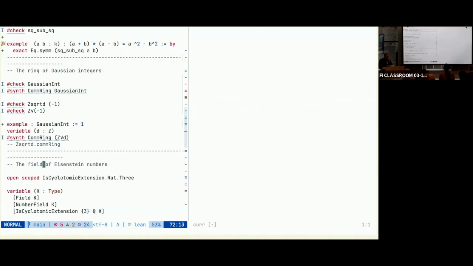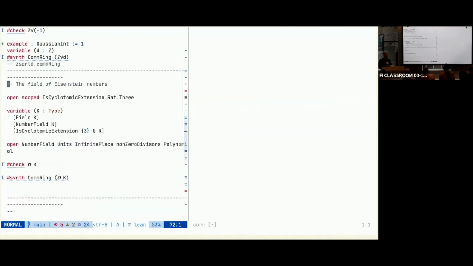Okay. And so now I'll finish on time. So the field of Eisenstein integers. Here it's even more complicated. So Gaussian integers, I had written them as Z of omega, and omega is a cube root of unity. In Lean, we have seen Z of square root of minus d.